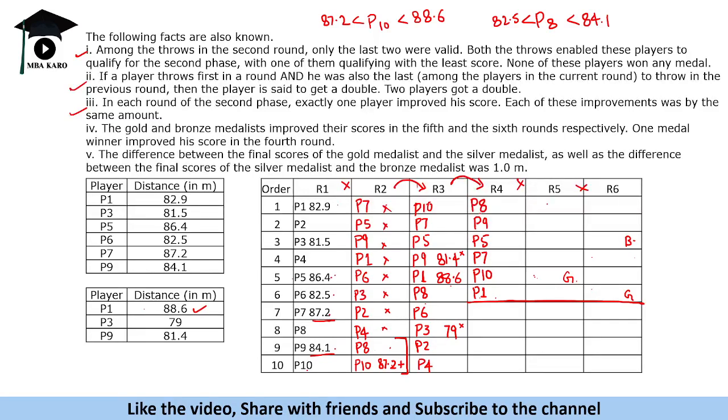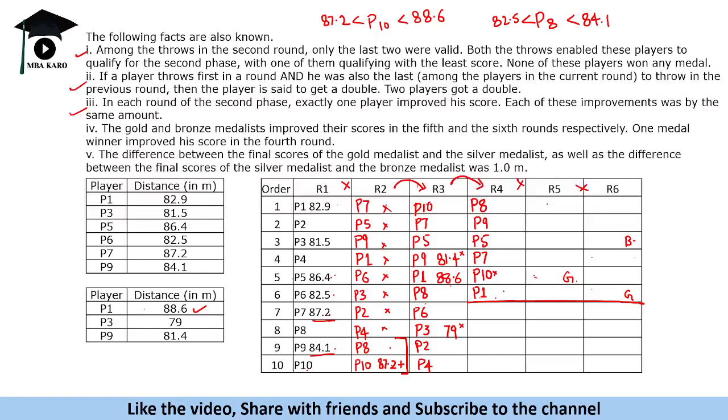Okay. Now we are given that the gold medalist improved the scores in the fifth round. So the gold medalist was here. That person improved and went to the gold medal. Now P10 cannot be the gold medalist because we know that they did not win any medal, right? None of these players. So P10 cannot win a medal.